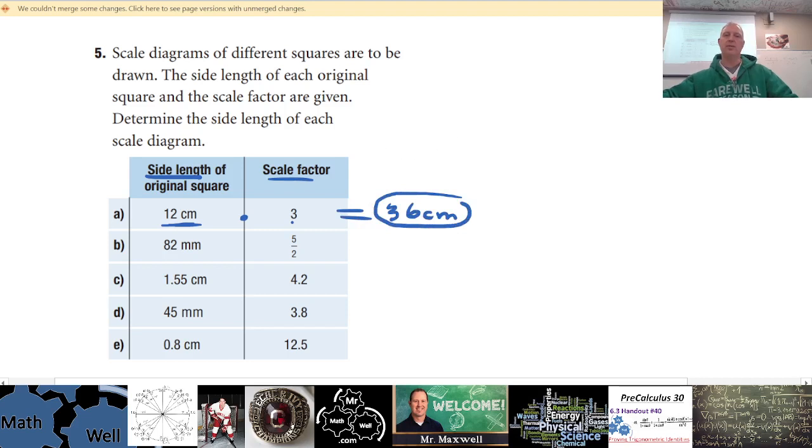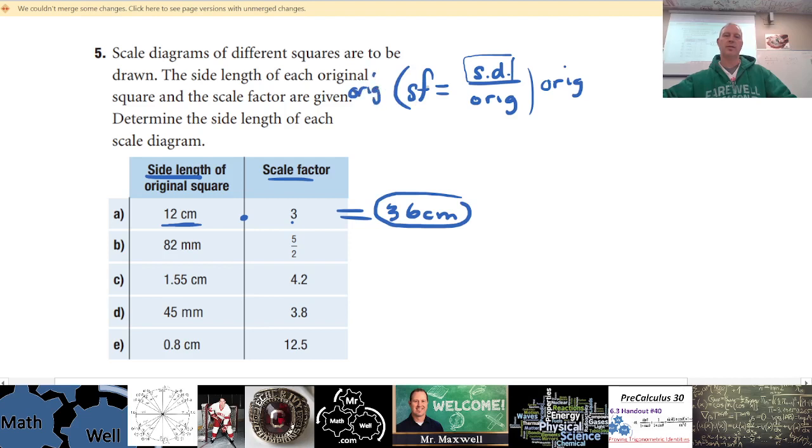Now, I want to show you something. The reason why we just multiply side length times scale factor, notice this. The scale factor definition is scale diagram side length divided by original side length. So if I wanted to find out what the scale diagram equals, then I would multiply both sides by the original value.